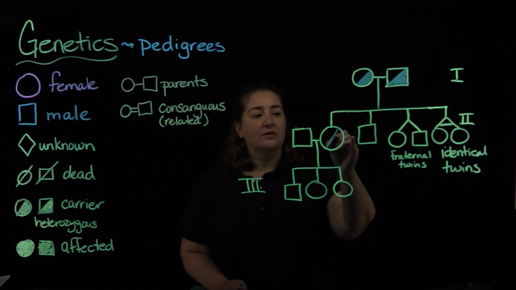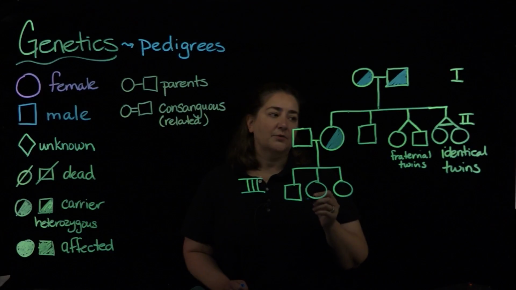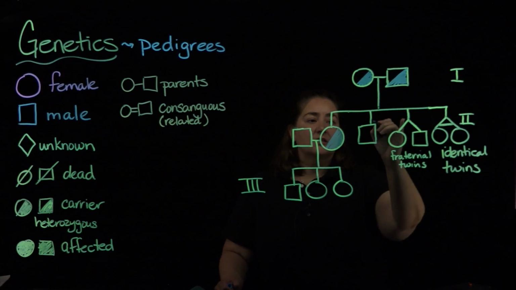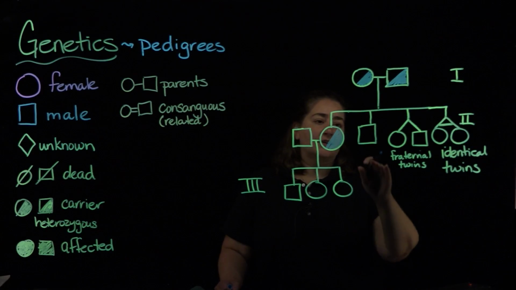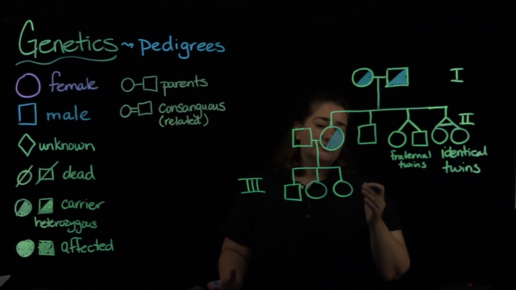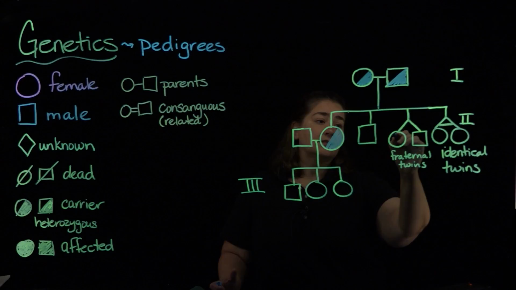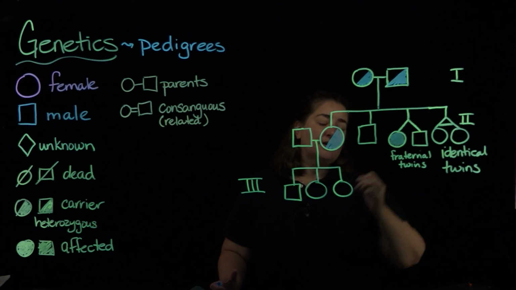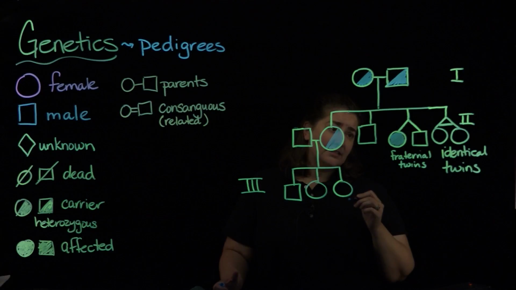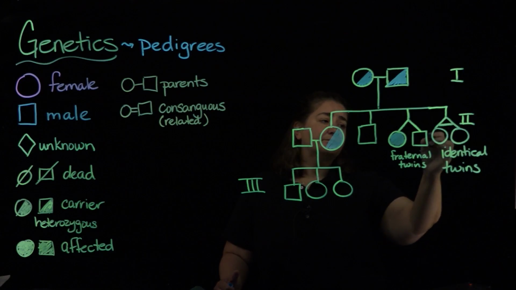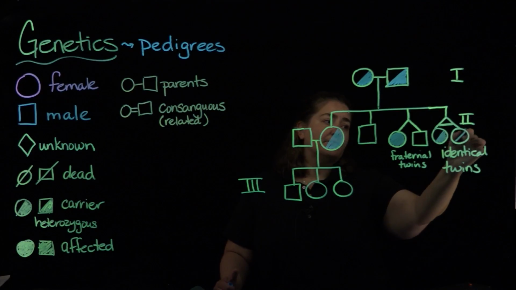Then you're going to look at the frequency of that being transmitted to the offspring. So maybe we've got a carrier here, somebody who's unaffected, not a carrier, or has the disease. We'll put someone who has a child that has the disease, and then maybe we'll make these two carriers again.